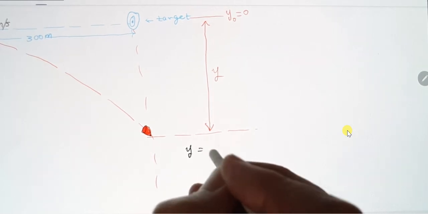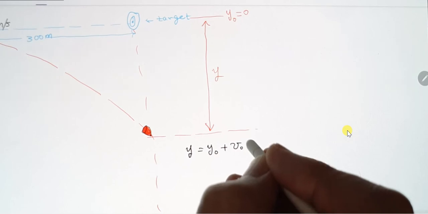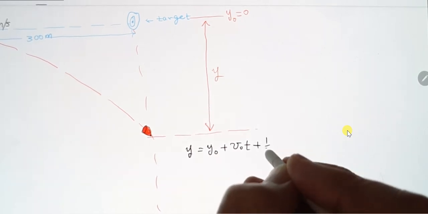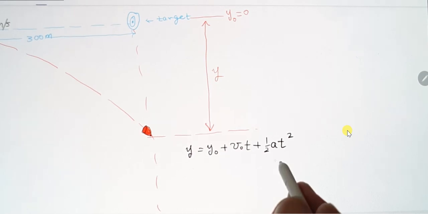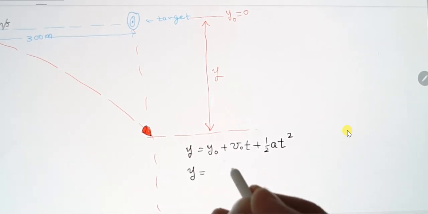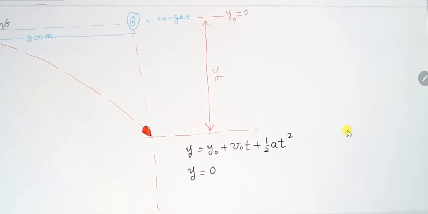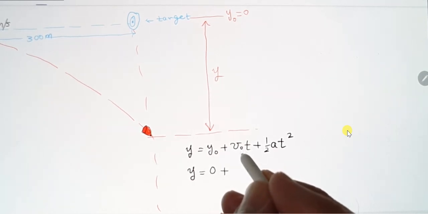Y is equal to y node plus V node multiplied by T plus half A T squared. That's a free fall problem. So Y is equal to, what's Y node? Zero. V node in the Y. What is V node in the Y?